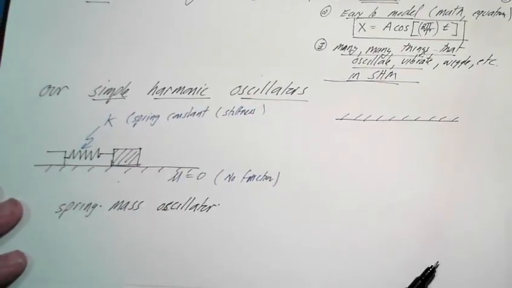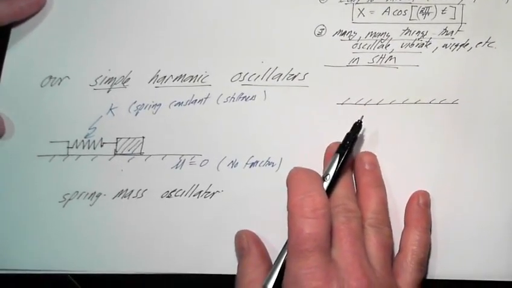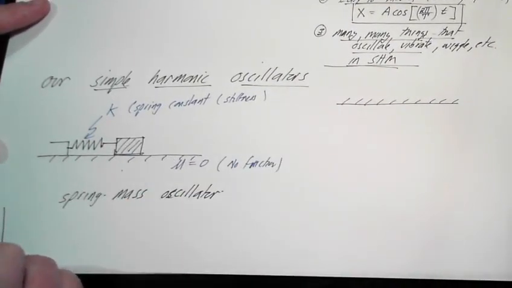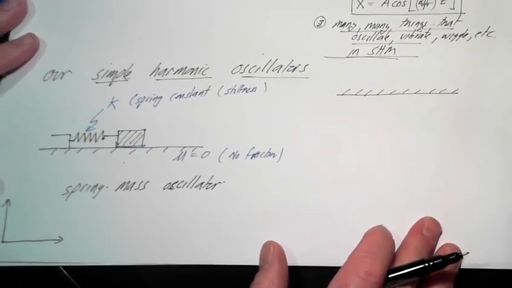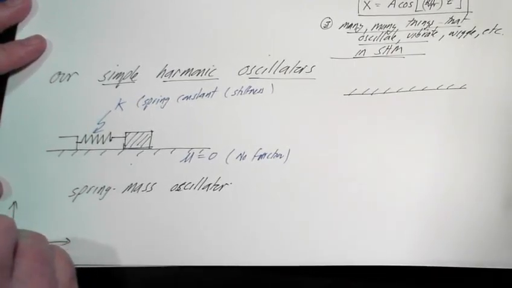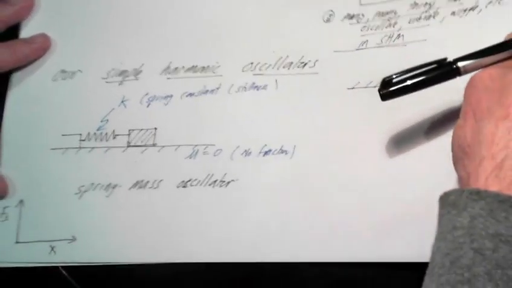And since we're talking about that, let's remind ourselves where that came from again. When we talked about springs and Hooke's law, we did a little bit of this. So here is our spring force, and here is our spring stretch or squish.